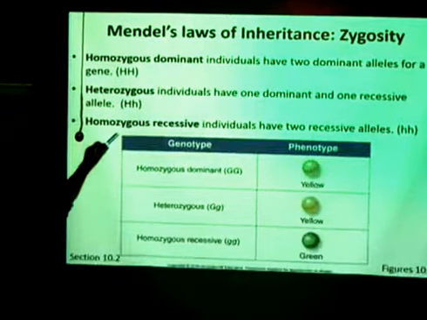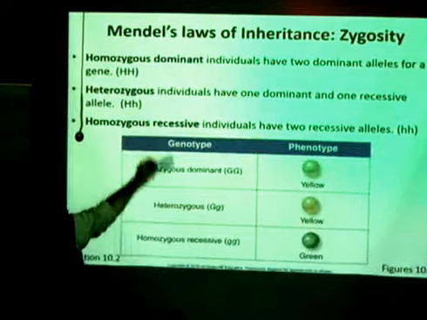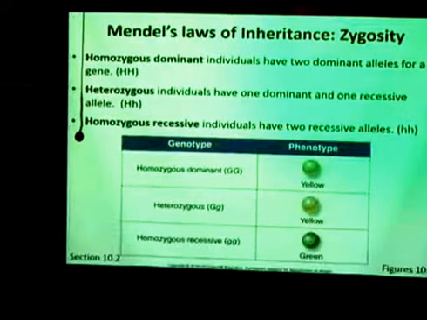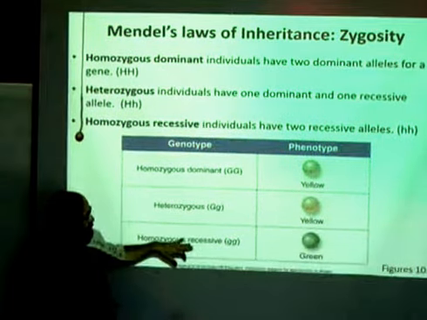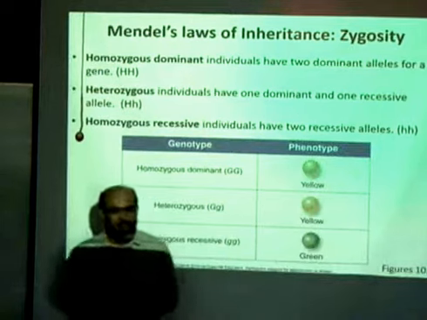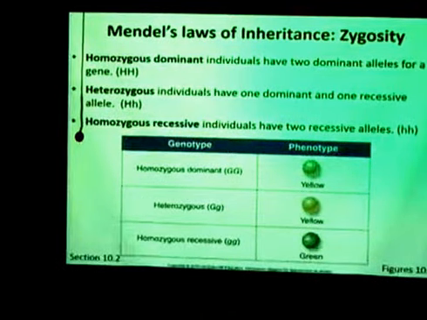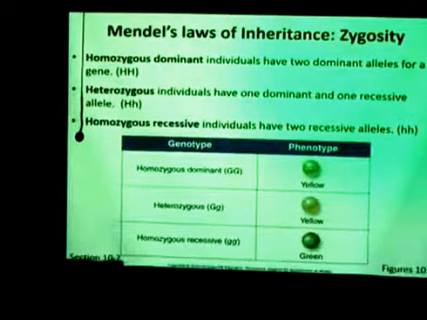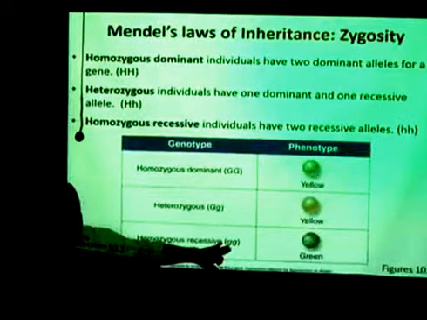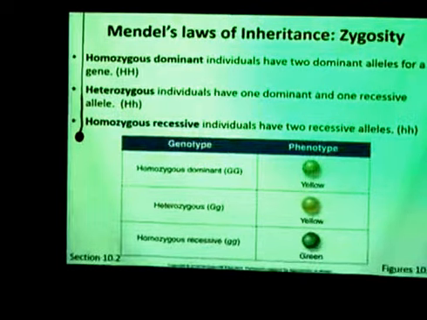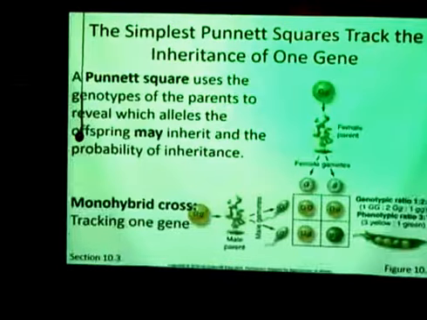When both are the same and the allele is recessive, it is called homozygous recessive. For recessive traits to be expressed and have a phenotype, both alleles in the genotype have to be the same recessive allele. So albinism, just remember that example.